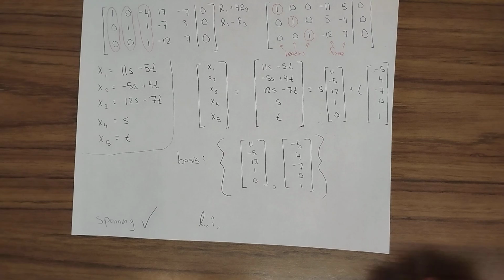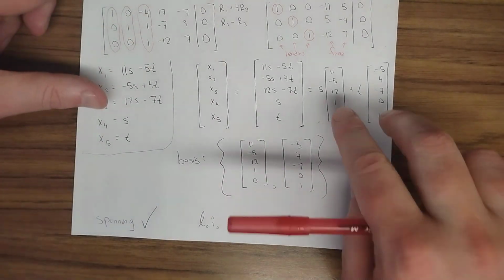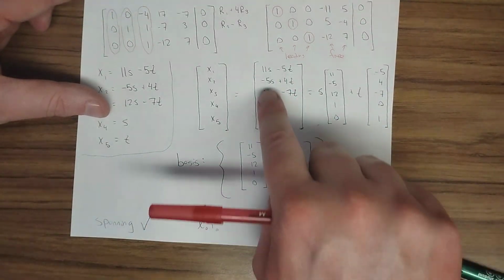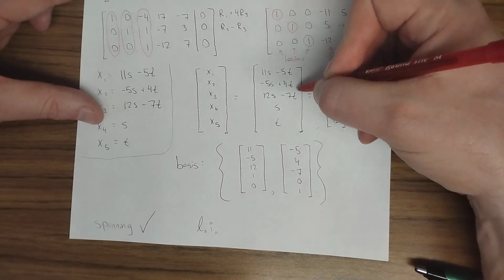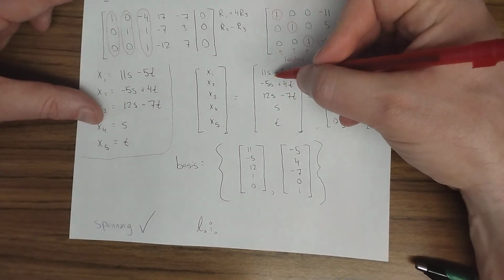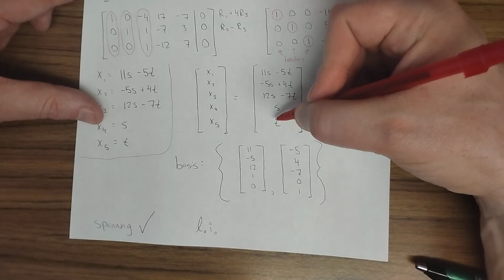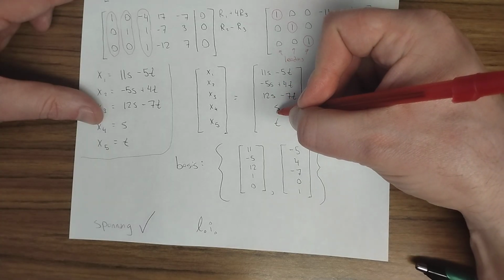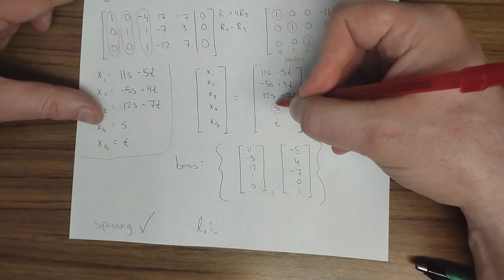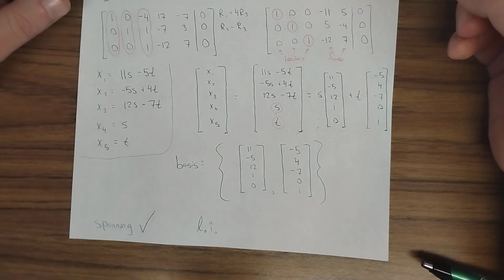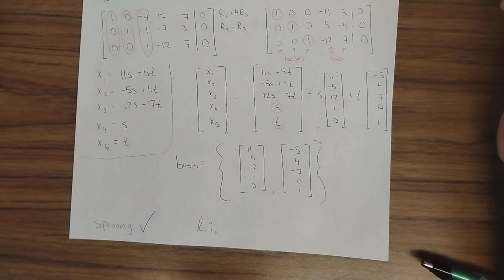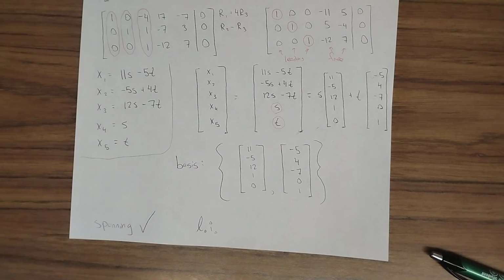But look, here's the easiest way to see it. Go back here, because this is the same thing. The only way for this to be zero, I would have to have 0, 0, 0, 0, 0. In particular, s would have to be 0 to make this 0, and t would have to be 0 to make that 0. In other words, both of my scalars, s and t, have to be 0. In other words, it's linearly independent.